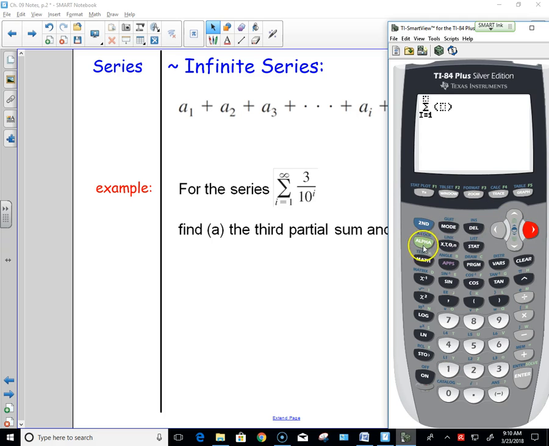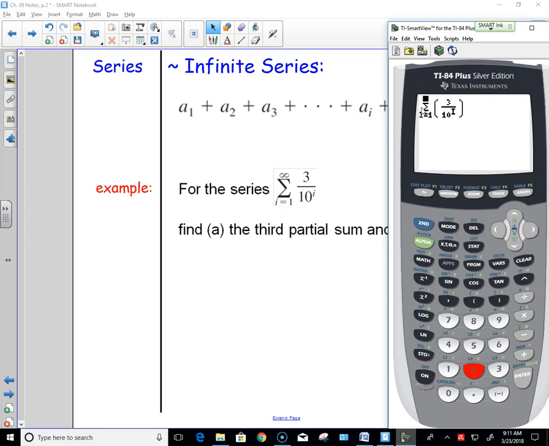You could have done your little fraction, 3 over 10 to the, good, 10 to the, you have to use the same variable you used over here, which you could have done I, K, N, or X. But since we put I, let's go ahead and use I again. So alpha I. If you try to run it right now, it says no. Why? Because you didn't put in a top bound.